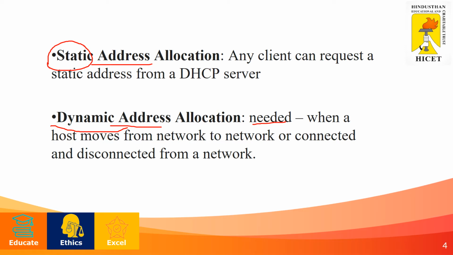The situation for dynamic address allocation is the moving of a host from one network to another network. It has to disconnect from the earlier network and connect with the new network with a new logical ID. For this kind of scenario, we require dynamic address allocation. For this kind of situation, DHCP is best suited.